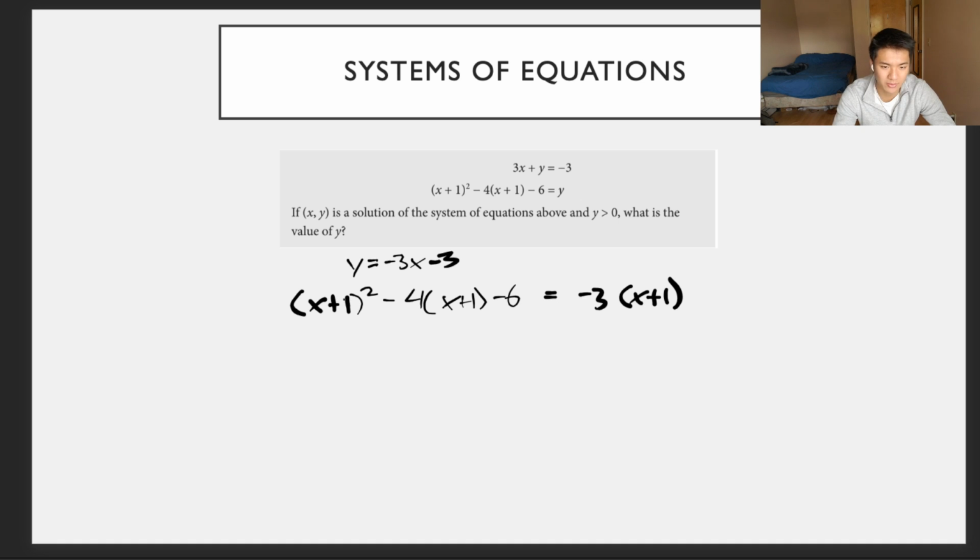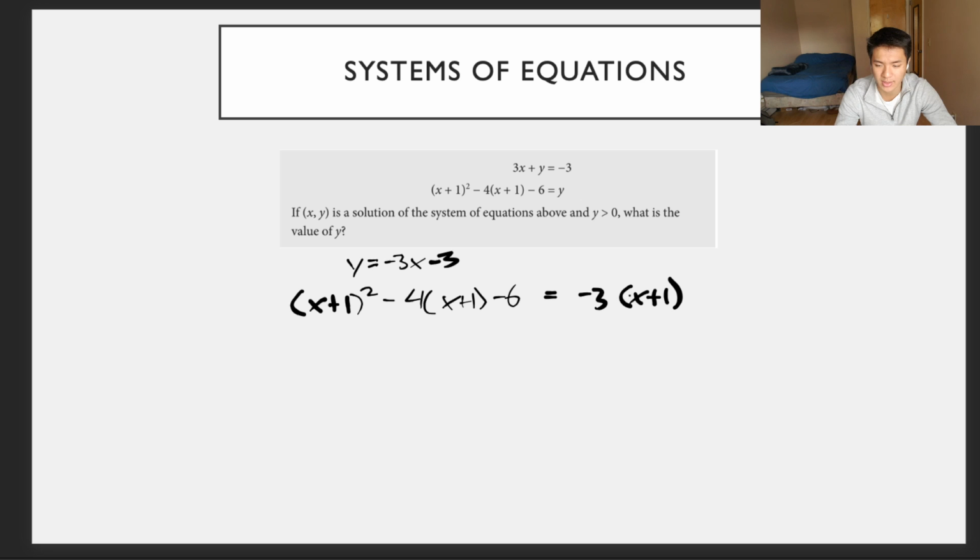And that's by saying instead of multiplying or doing FOIL for (x plus 1) squared and negative 4(x plus 1), what we can do is keep x plus 1 in all the parentheses because x plus 1 is a common term in all of these. If we treat x plus 1 as a single variable and we don't split it up, then we actually end up with a quadratic that is fairly similar to an ax squared plus bx plus c format.